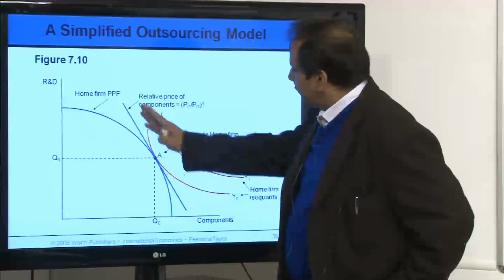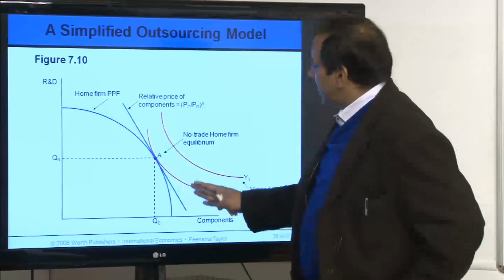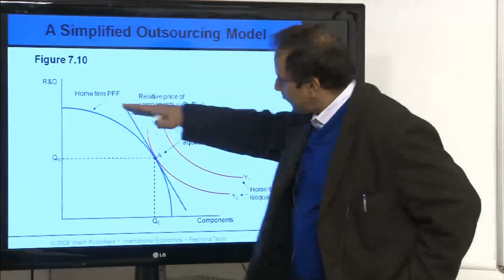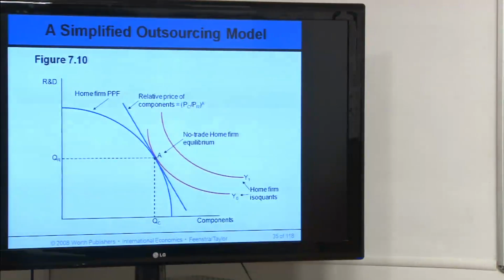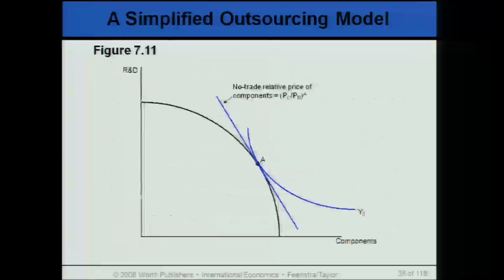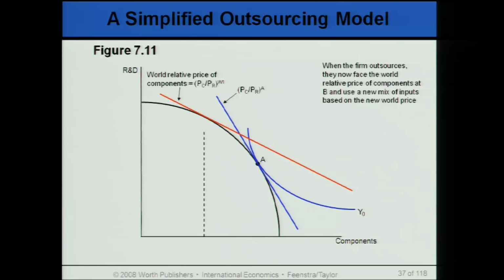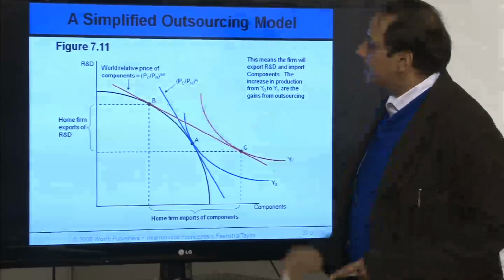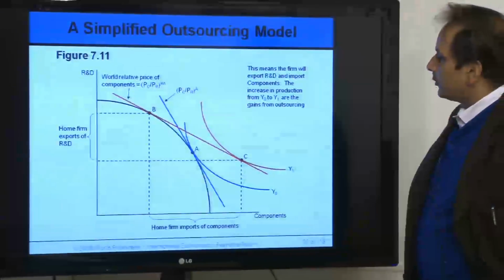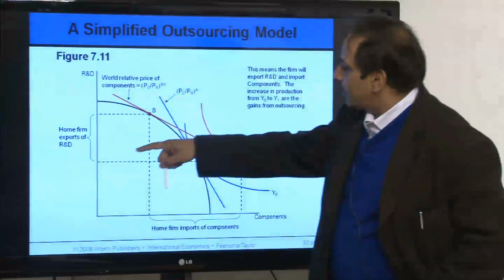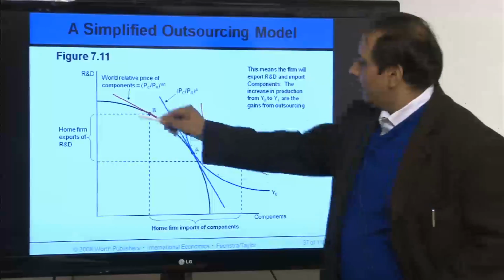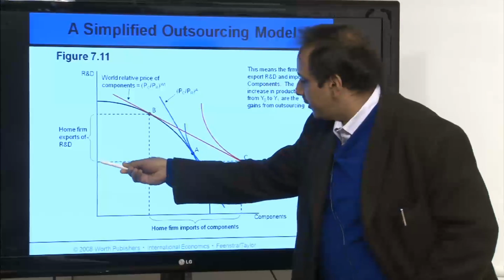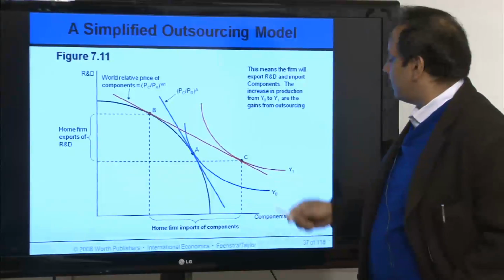So, you will see that this relative price of component, this tangent curve will shift, it will become more flatter, and the new equilibrium point with trade would be, rather than A, it would be B, because now the exporters get a higher price for their R&D, so they can produce more of R&D and they can export this much of R&D and import this much of component at a lower cost.